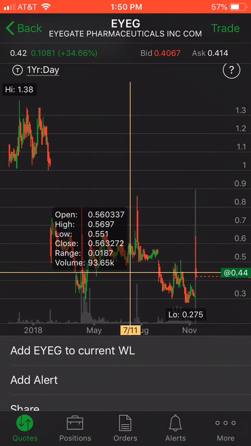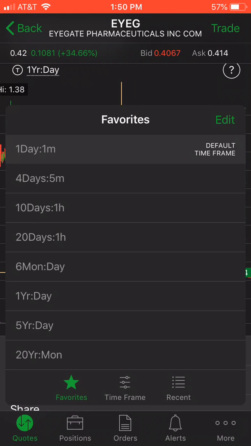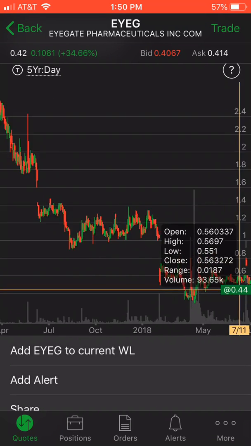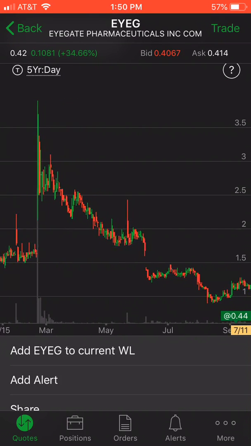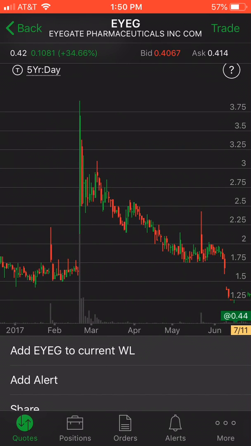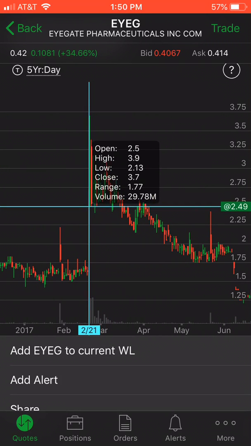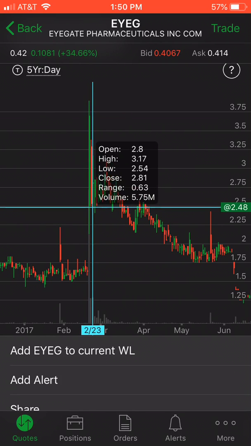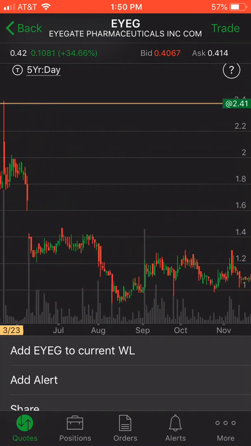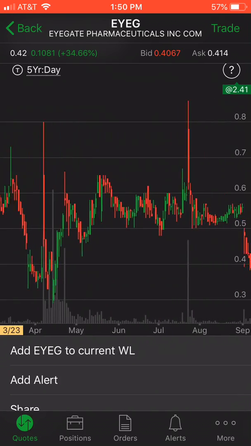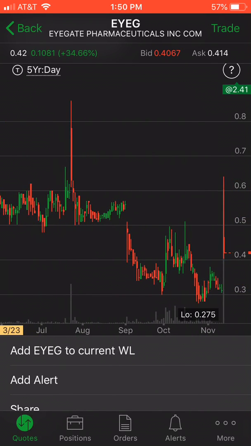But if we look a bit further back, this day way up here was a big green day, but then the next day it didn't hold its spikes. So yeah, I knew it didn't really hold its spikes, but I saw it was record high volume.